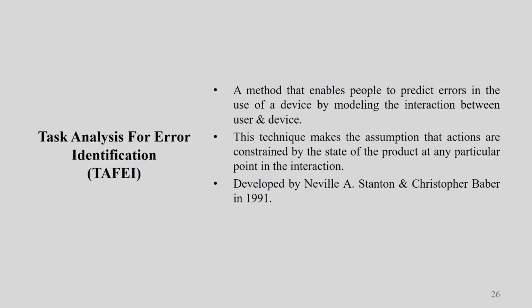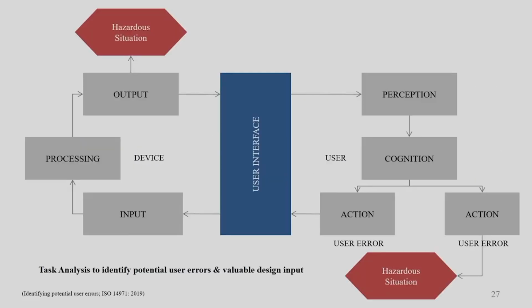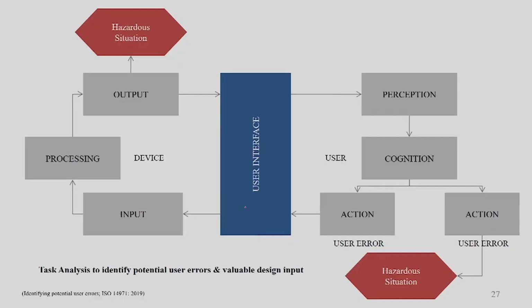So let us know more about this particular system. This diagram shows that there is a device and there is a human, the operator, and an interface, and how they are interacting with each other to run this system. Here you can see the user interface. This is very important because from this point the user will get the information back from the device, right?